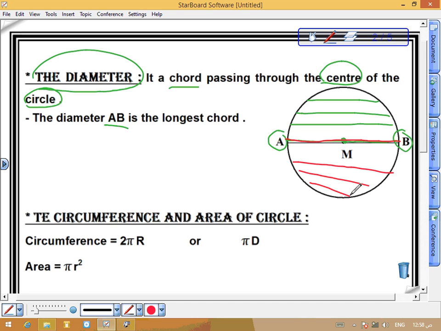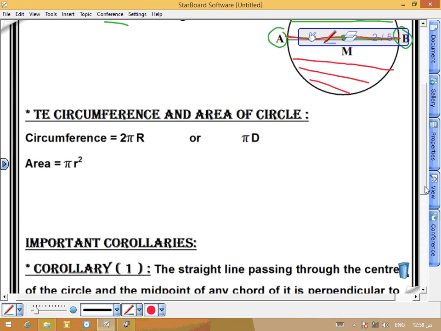We have some rules, like the circumference and area of the circle. The circumference of the circle equals pi r, or pi d. We have studied before in the previous years that the diameter equals 2 multiplied by the radius length.